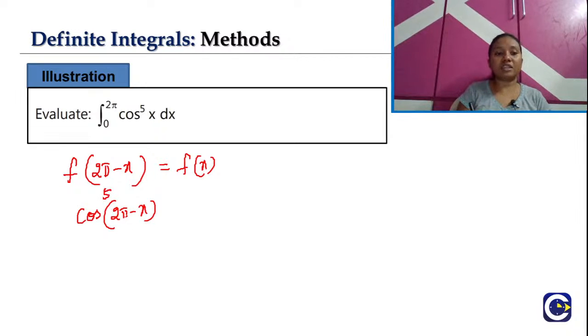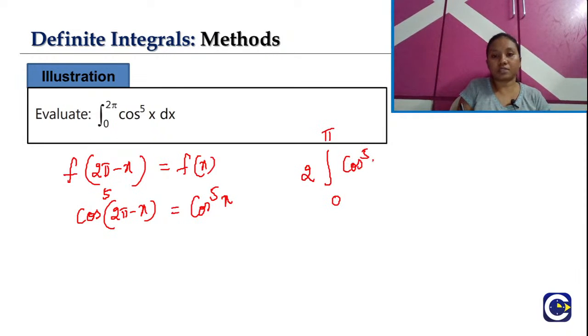And here we are having 2 pi, which means there will not be any transformation. So this will be equal to cos power 5x, which means when we substitute 2 pi minus x, our f of 2 pi minus x will be equal to f of x, which means now we can write this to be 2 times the integral of 0 to pi cos power 5x.